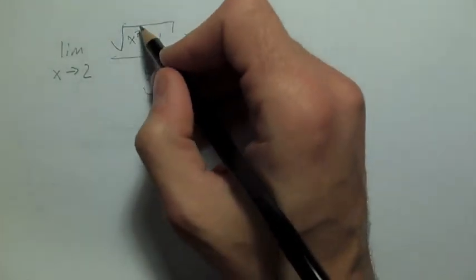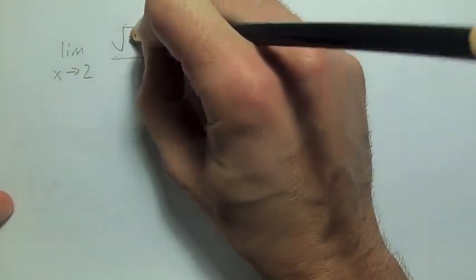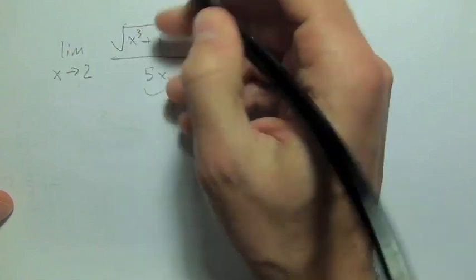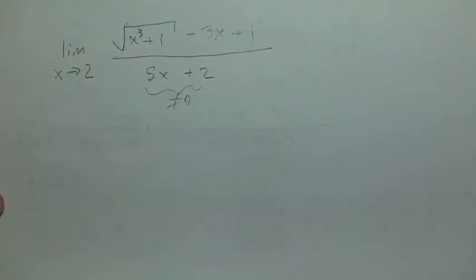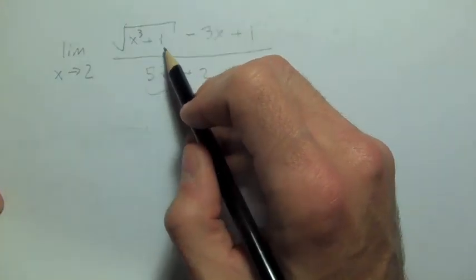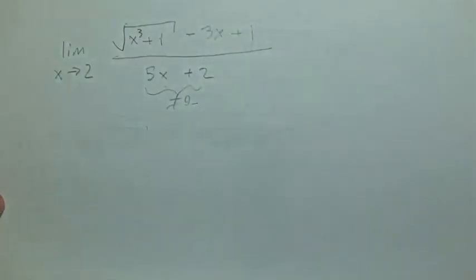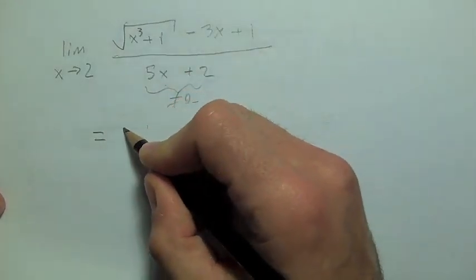Another thing to check is, would we put a negative underneath this square root? That's another thing to check, because that would also give you something that's undefined. So basically you're looking for things that are going to exist and be nice. And again, here, you plug in 2, you're going to get 8 plus 1. That'll be nice and positive, exactly what we want. So we can go ahead and just plug 2 right in.